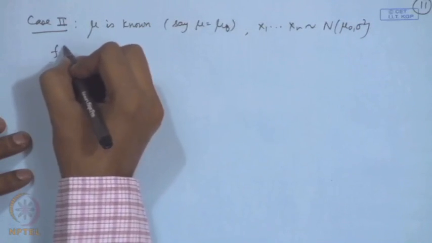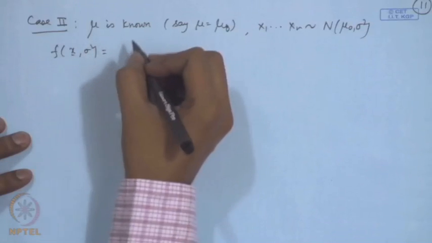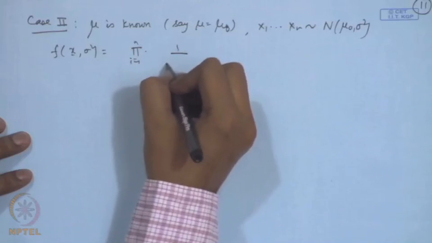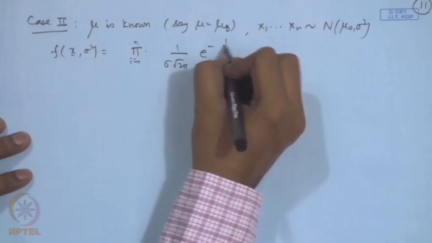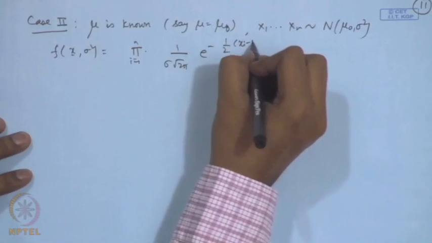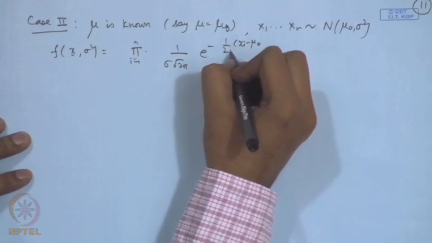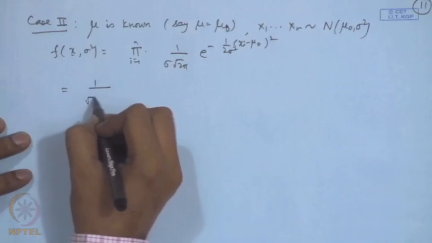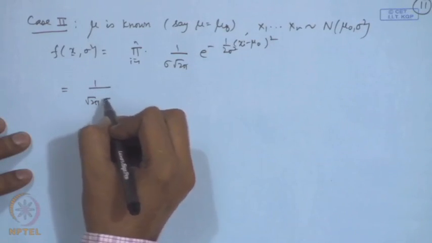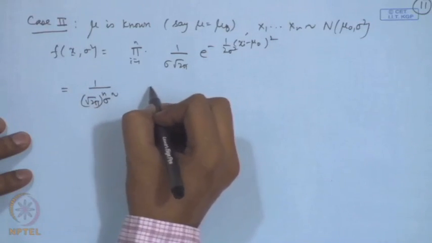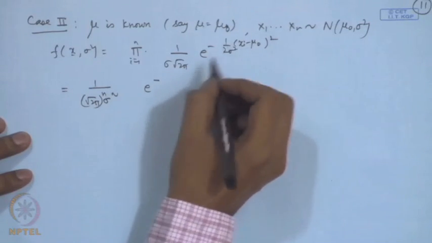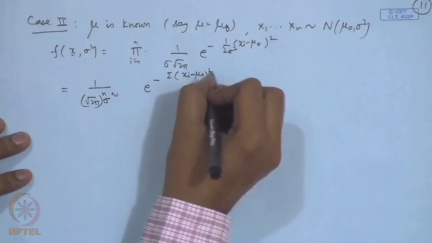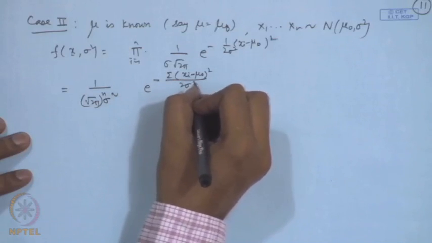So, the joint distribution of x1, x2, ..., xn will become 1 by sigma root 2 pi e to the power minus 1 by 2 (xi minus mu naught) square by sigma square, that is equal to 1 by root 2 pi to the power n sigma to the power n e to the power minus sigma (xi minus mu naught) square by twice sigma square.